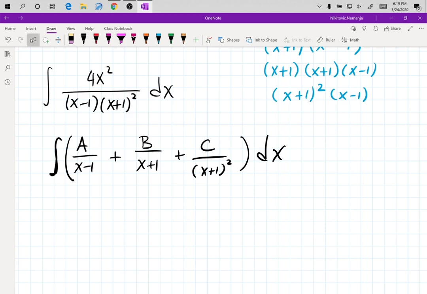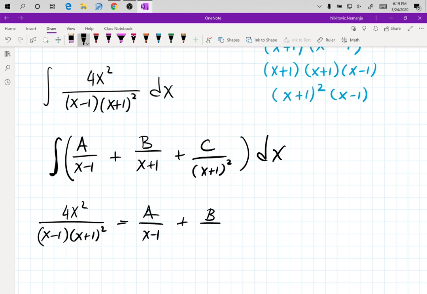So this gives us the setup, and then we are going to calculate A, B, C, plug them in, and then we will work on the integration for this. But let's first figure out what these are. So we have 4x squared over x minus 1, x plus 1 squared, equals A over x minus 1 plus B over x plus 1 plus C over x plus 1 squared.